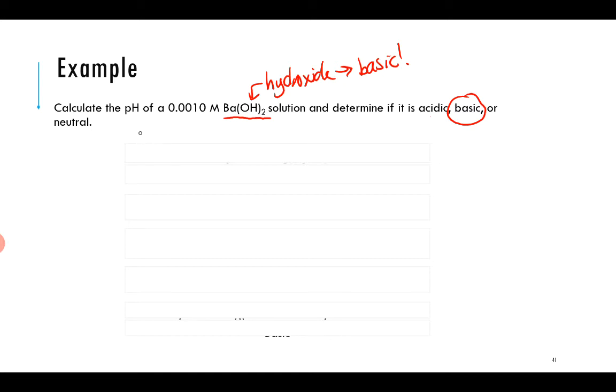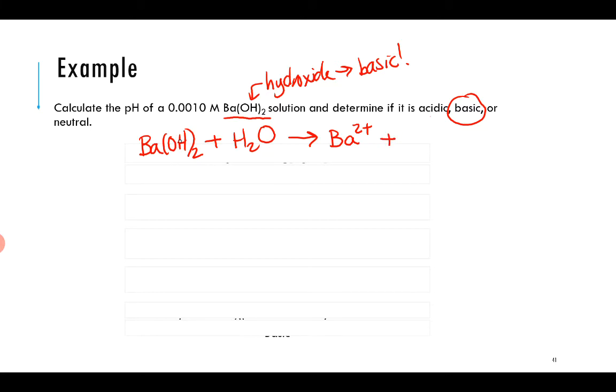Let's verify it mathematically though. So let's write an equation for barium hydroxide in water. So if we have barium hydroxide and we react it with water, our barium ion is just a spectator. It's not going to do anything.